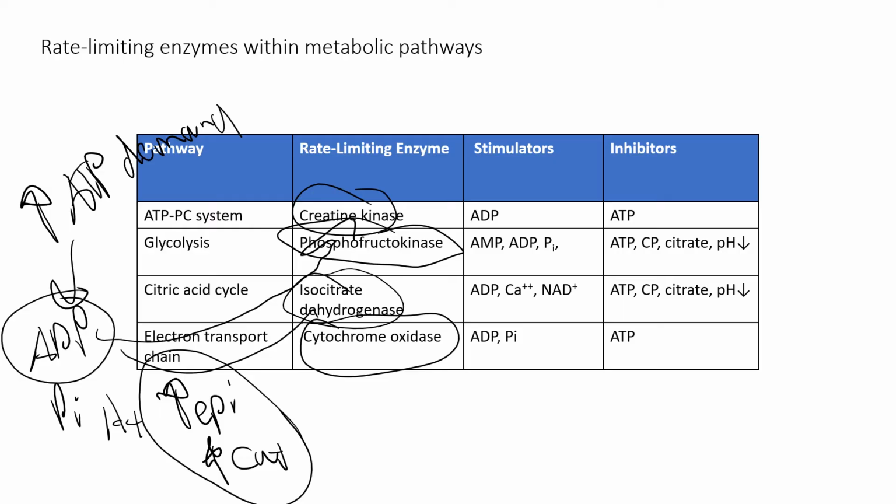It's getting the Krebs cycle pumped up, and it's getting the electron transport chain going. Immediately you should see that all of these systems work together. It's not that these systems are mutually exclusive of each other. They're all going to get started once the ATP demand rises inside of a muscle fiber.